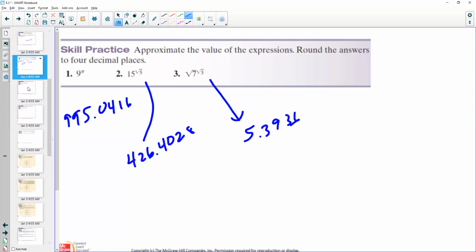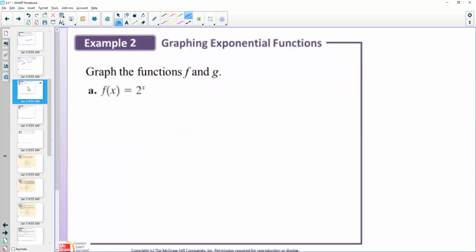Look at us go. All right, so this is our first exponential function, 2 to the power of x. It asks us to start by graphing it, just so we can get a sense of what exponential functions look like.